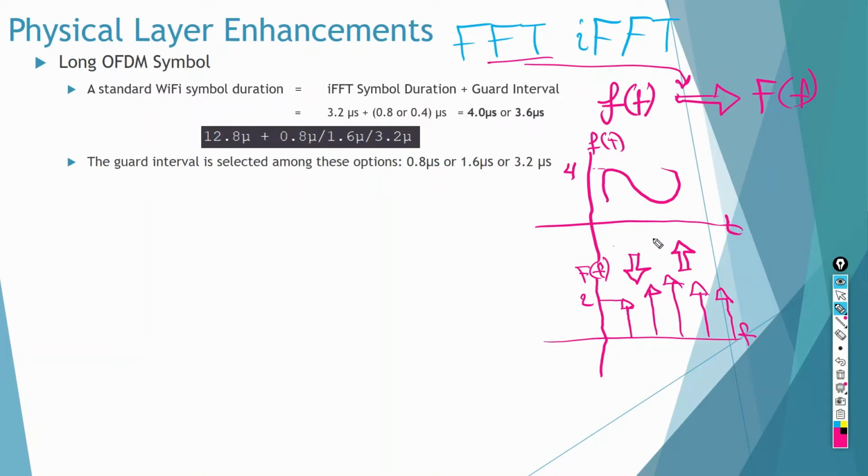Okay, now why do we study that? Because we want to understand how this helped in the PHY layer enhancements of 802.11ax. There is a principle we studied in the university, and it says if I apply a change to a function in time domain, then there should be another form of change applied to the function in frequency domain as a result.